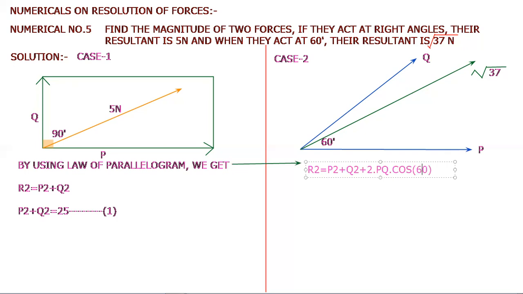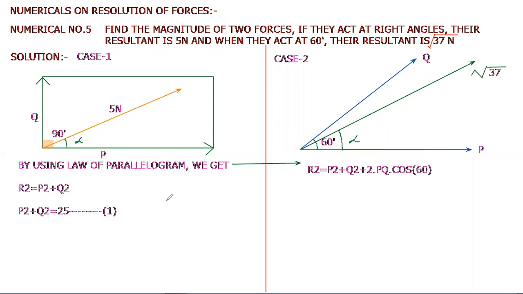And here theta is 60 degree, which is the angle made between P and Q, not between R and P. Angle between R and P is the alpha. Okay, and that angle is different. Here also, angle between R and P is angle alpha, that we have not considered here. Okay, we are only considering the angle between P and Q, which is 60 degree.